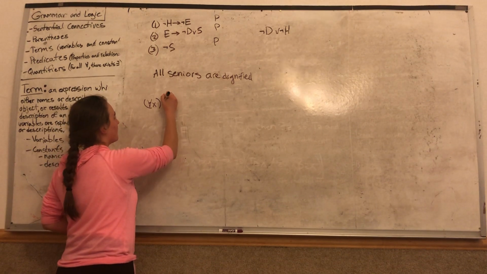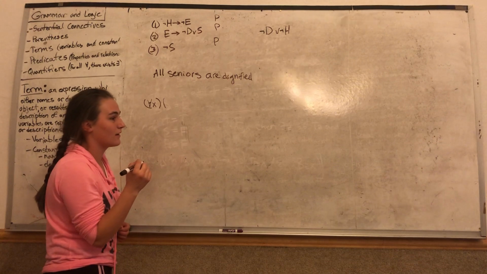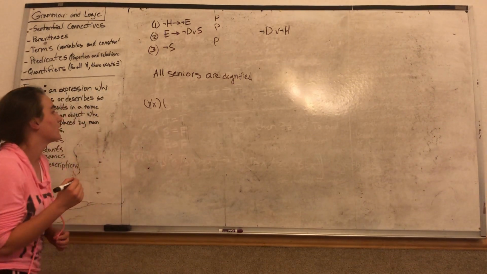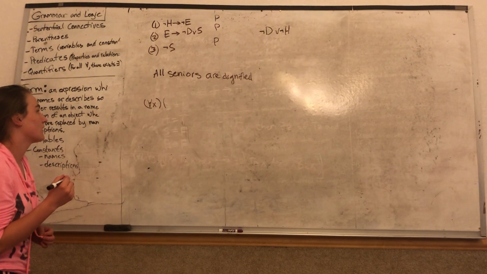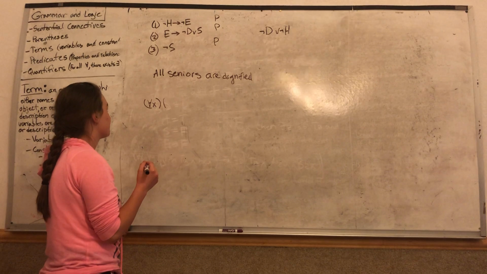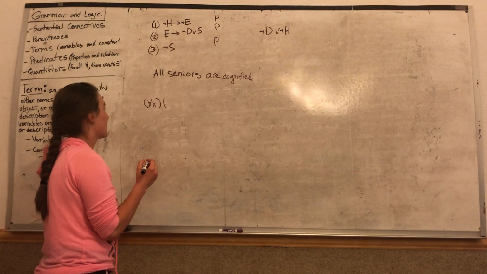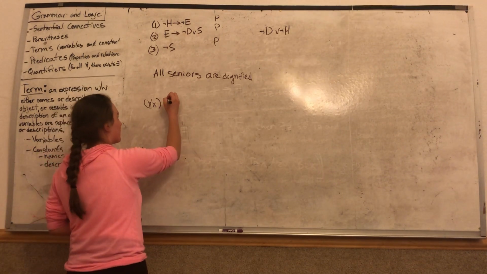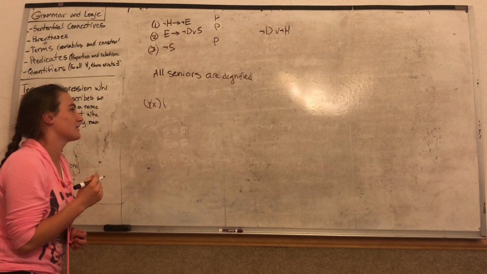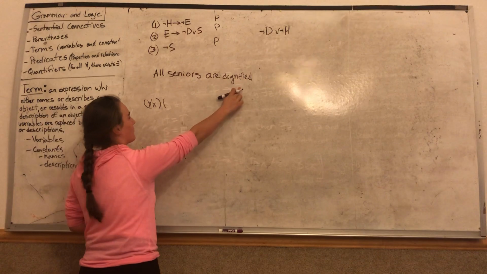How do you do it? You don't have to use their predicates if you don't want. You can just make up your own letters. All seniors are dignified. There exists, for every person. Well, dignified, is that a predicate?